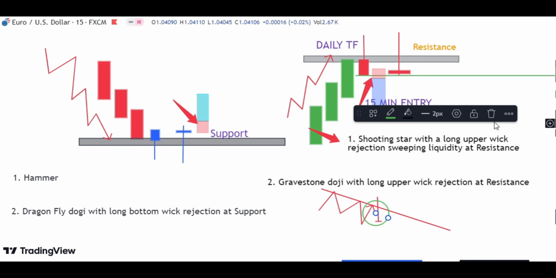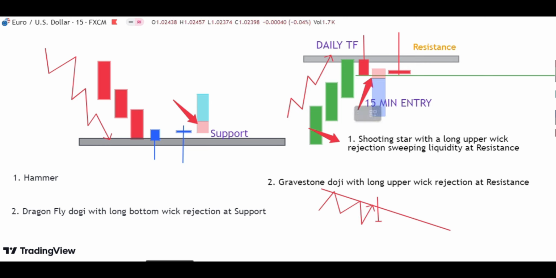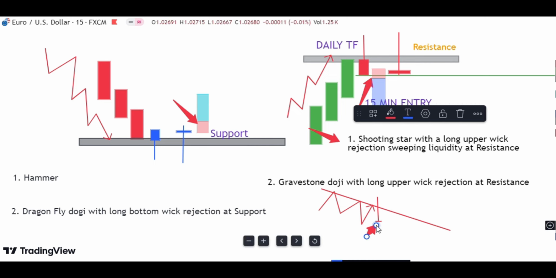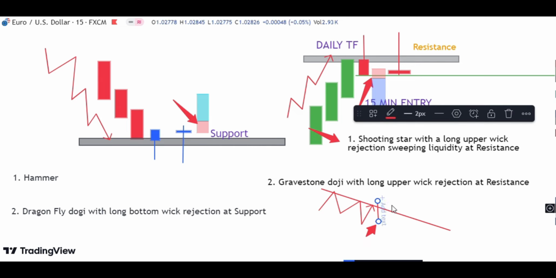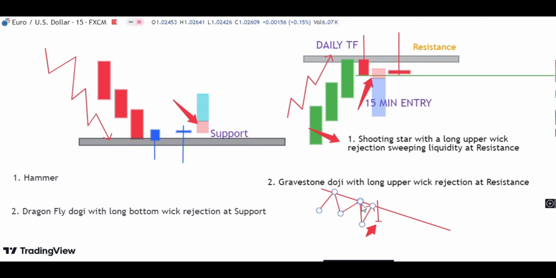So a Gravestone doji, once this happens, this indicates aggressive selling pressure. If it happens at a trend line like this, lower down in a downtrend, then you are looking at selling. So you just wait for the Gravestone doji to close, and once it closes, you mark out the lowest price of the Gravestone doji, and then you sell.